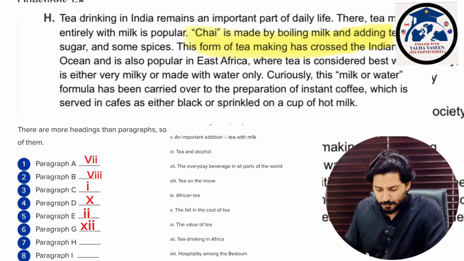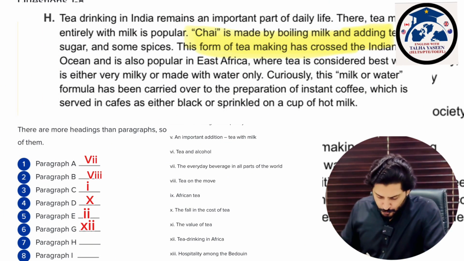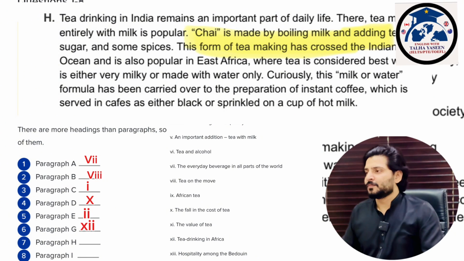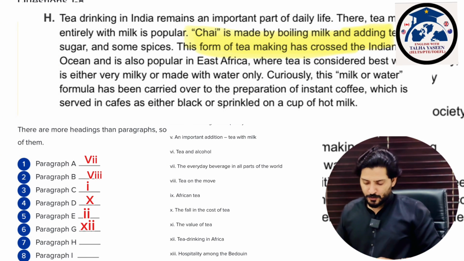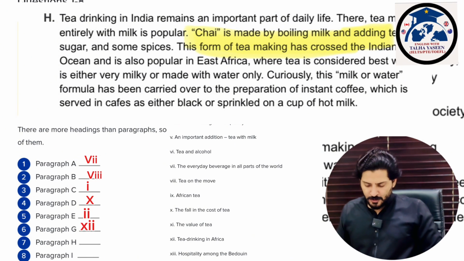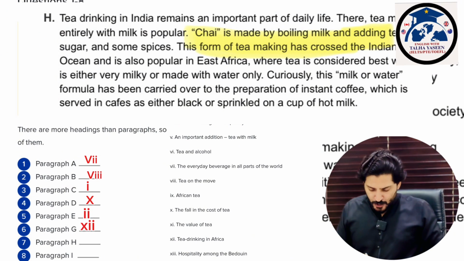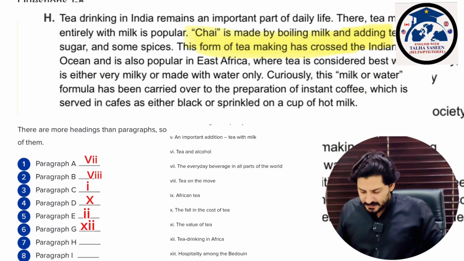Let's read paragraph H. The tea drinking in India remains an important part of daily life. The tea is made entirely with milk. So he mentions milk, so we are going to talk about how milk is added to the tea at first. Chai is made by boiling milk and adding tea, sugar and some spices.